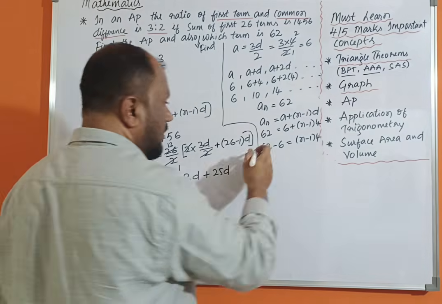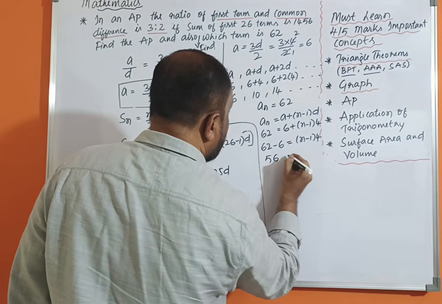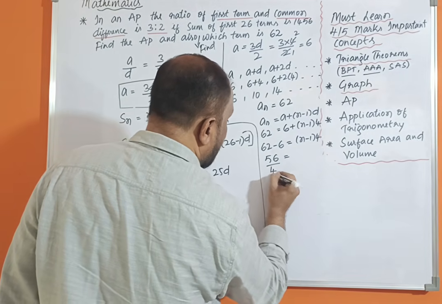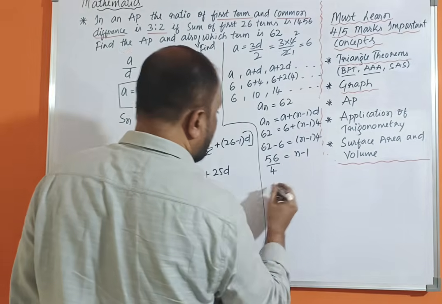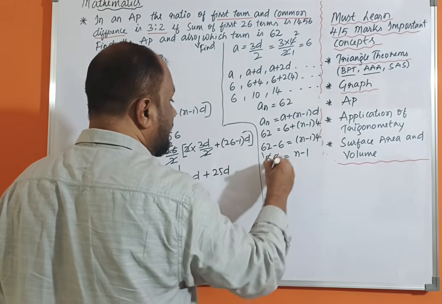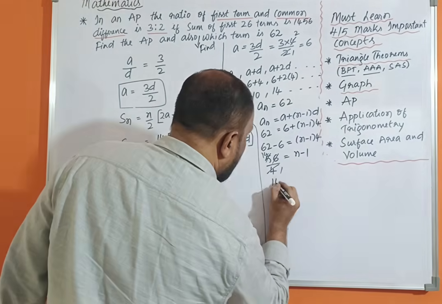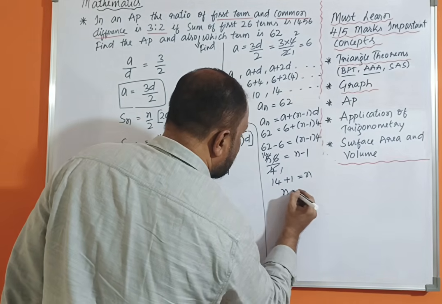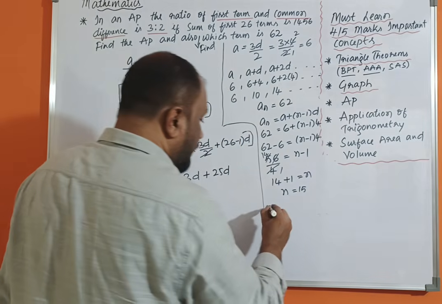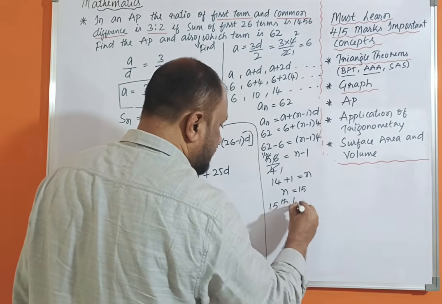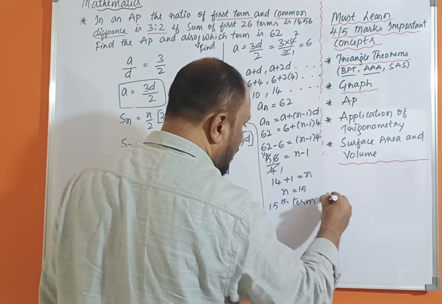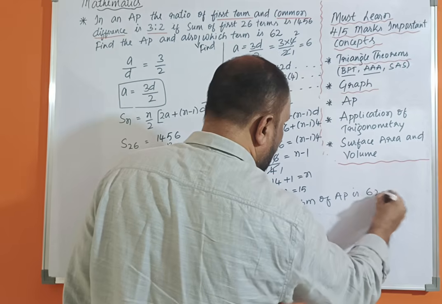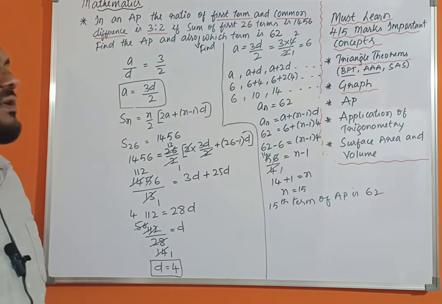We transpose 6, and now we get 56 is equal to 4 into n minus 1. So 56 by 4: 4 one time, 4 one time, 4 4 times, so 14. Transposing minus 1, 14 plus 1 is equal to n. So n value is 15. So the 15th term of the AP is 62.